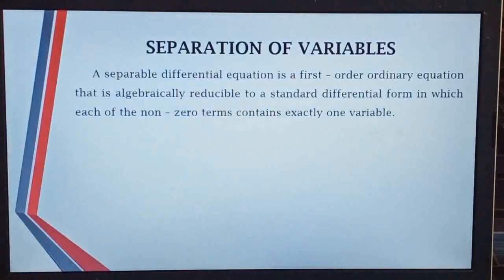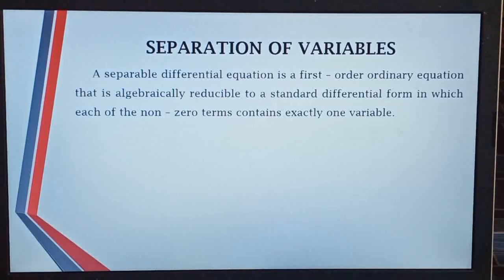So let's go to the separation of variables. A separable differential equation is what we call a first order ordinary equation that is algebraically reducible to a standard differential form in which each of the non-zero terms contains exactly one variable.